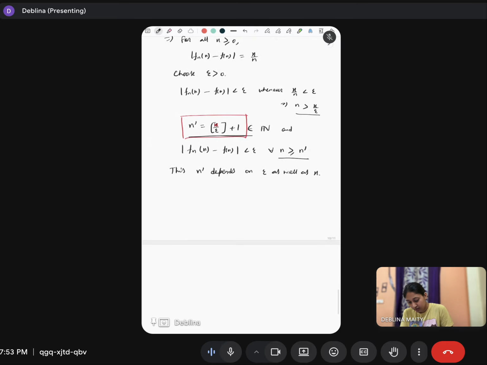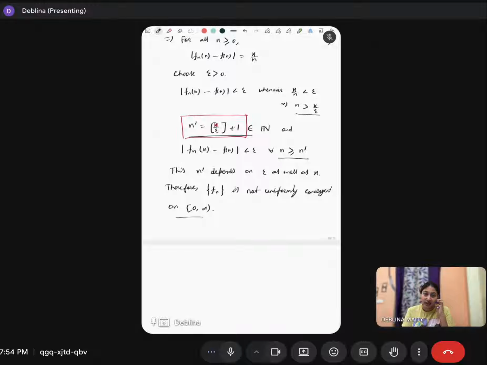So therefore the sequence fn is not uniformly convergent on 0 to infinity, right? It is not uniformly convergent on this domain.